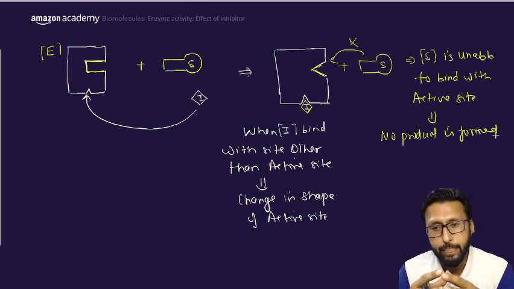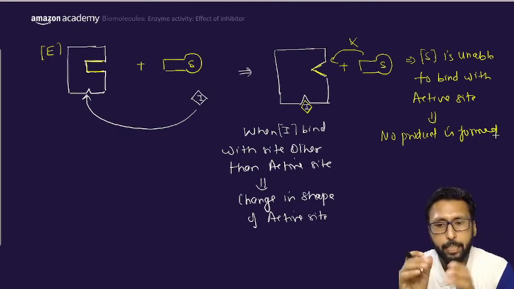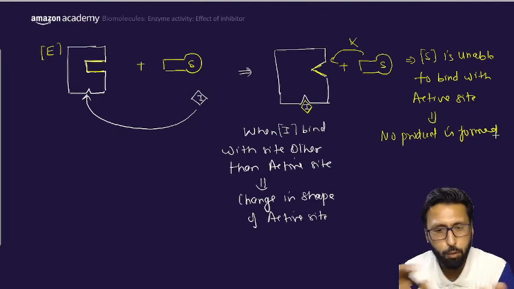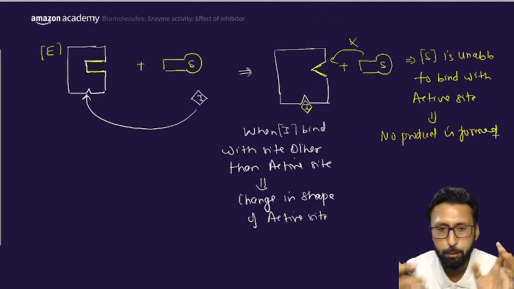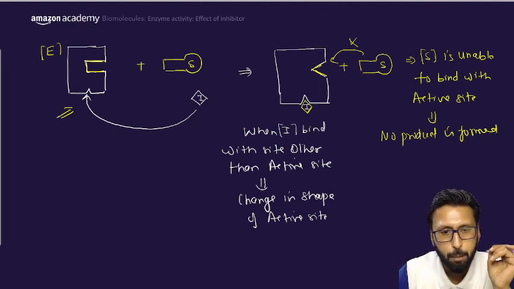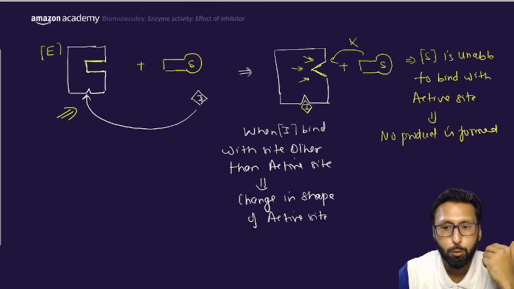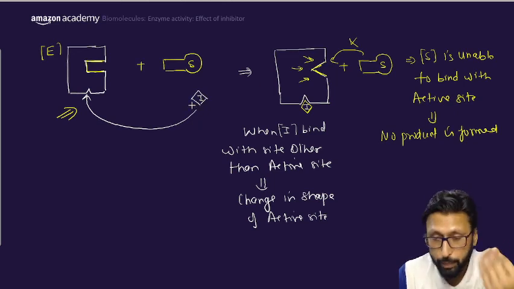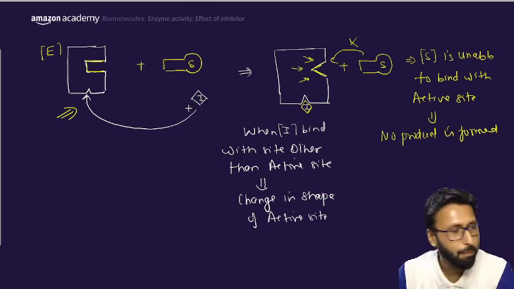So if the inhibitor binds with the active site, there is no formation of product. In non-competitive inhibition, there is no competition. The inhibitor is going to bind to some other site like this, but when it binds, it causes a change in the shape of the active site.